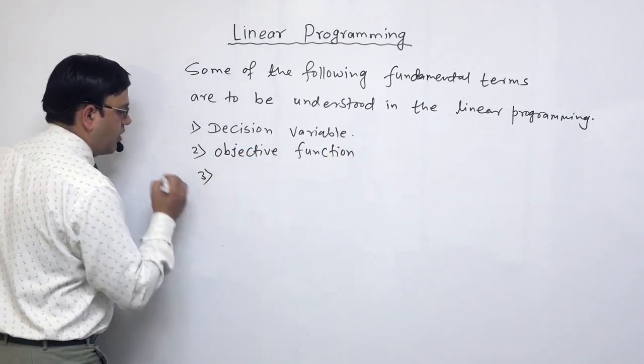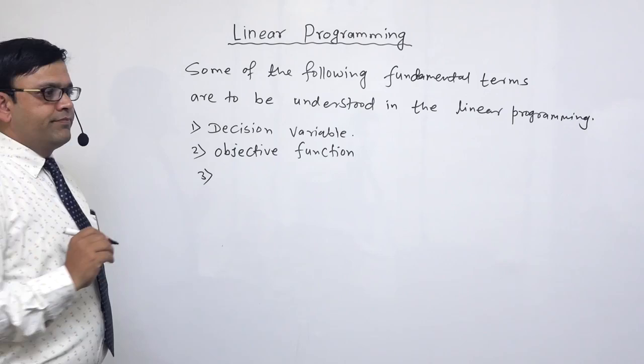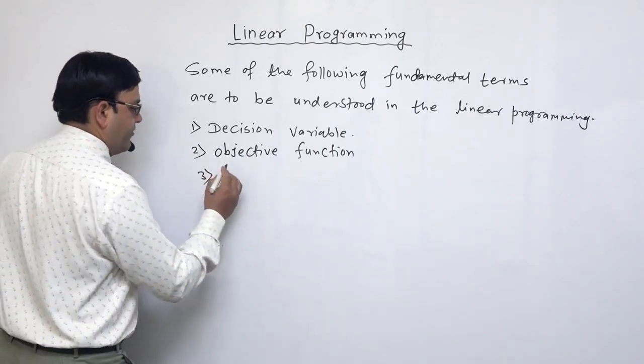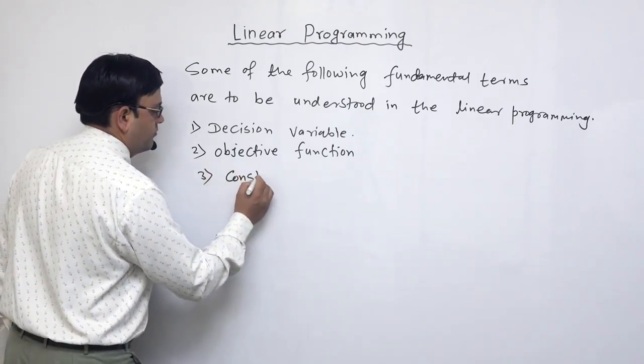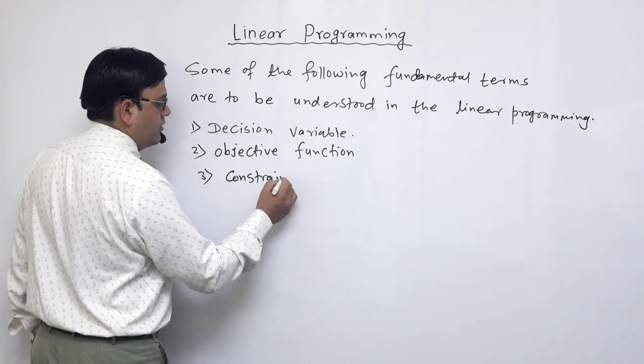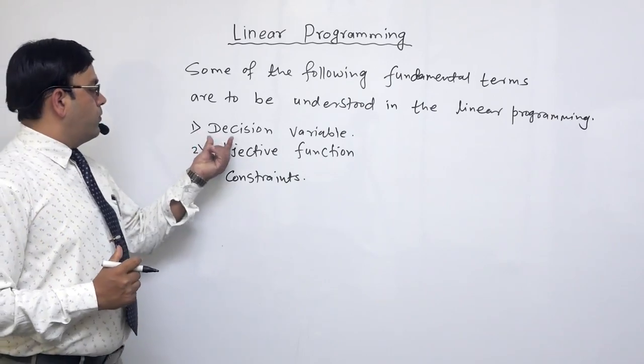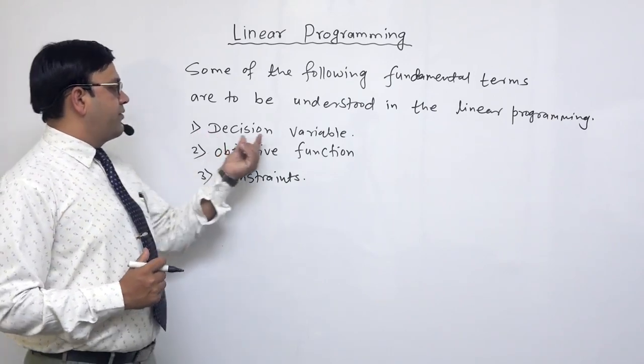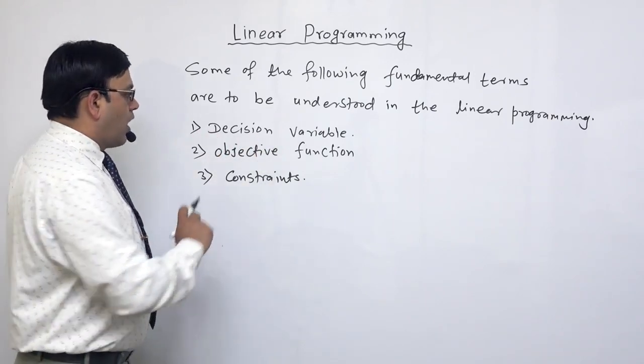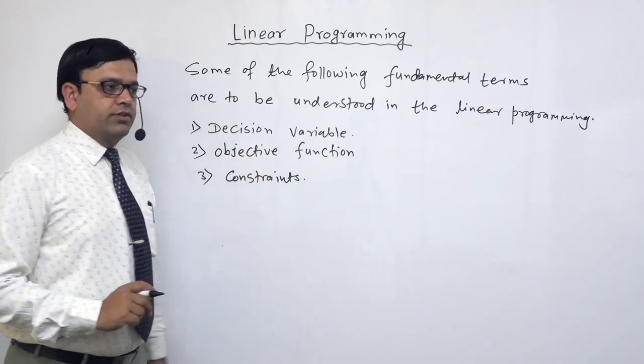And the third one is constraints. Now we have to know what is decision variables, objective function, and constraints.